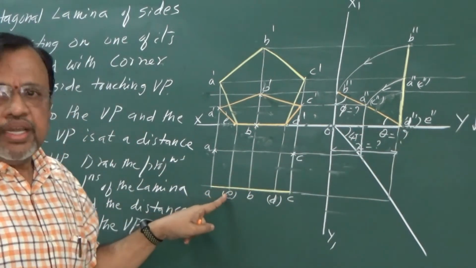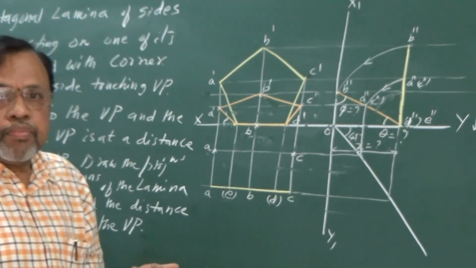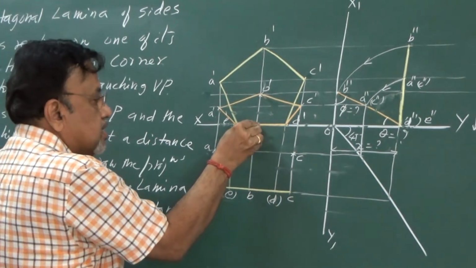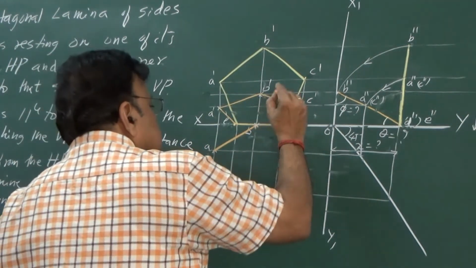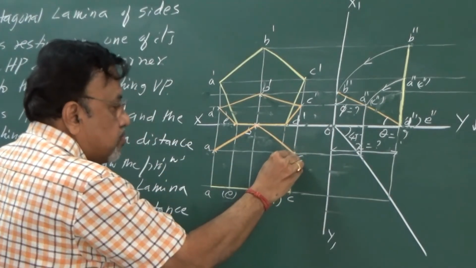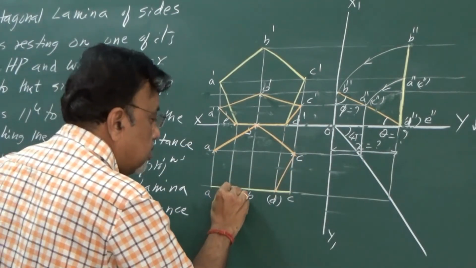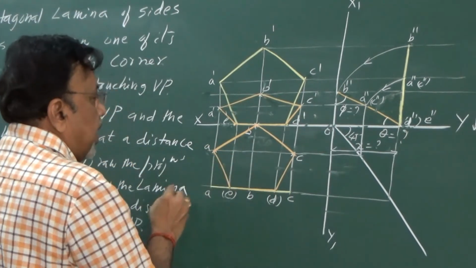So D, E here itself. Then what do you do? I got all the points, join them in the proper sequence. That is A to B, B to C, C to D, D to E, E back to A.